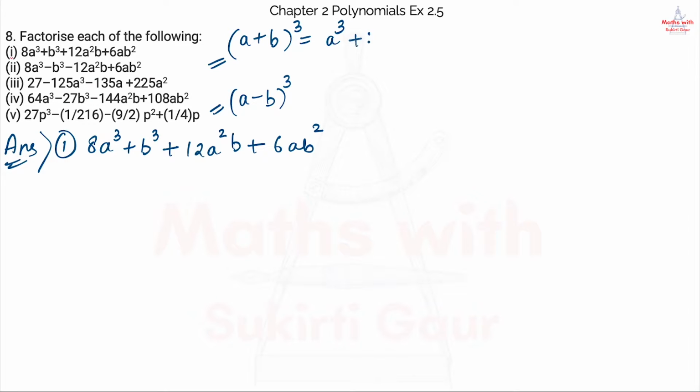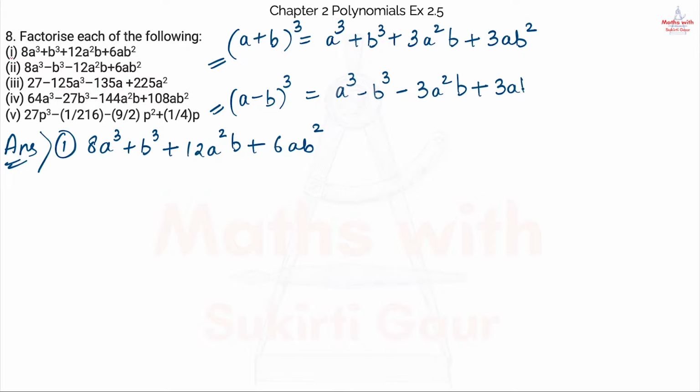(a plus b) whole cube is a cube plus b cube plus 3a square b plus 3ab square. (a minus b) whole cube is a cube minus b cube minus 3a square b plus 3ab square. With that, if we see our part 1, can I write this 8a cube as (2a) whole cube?